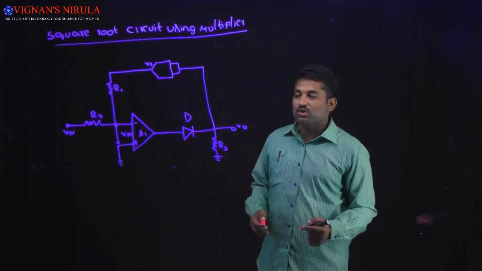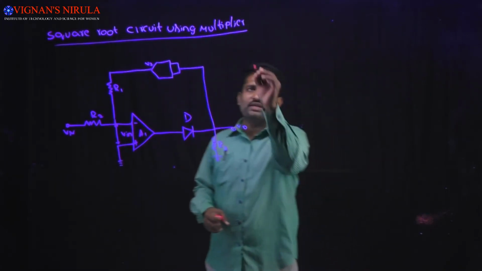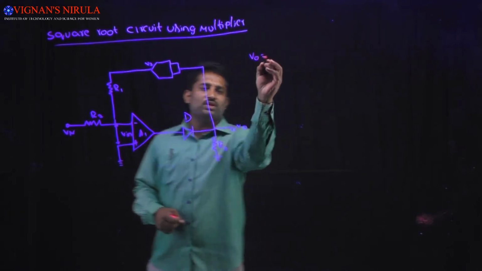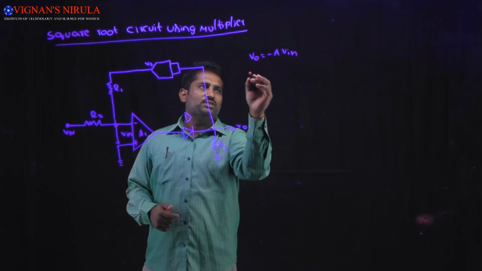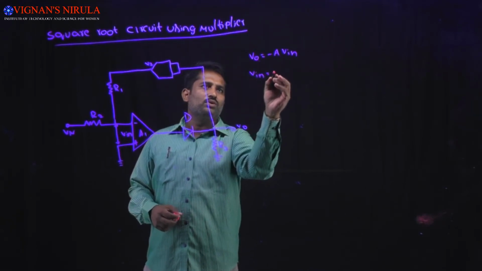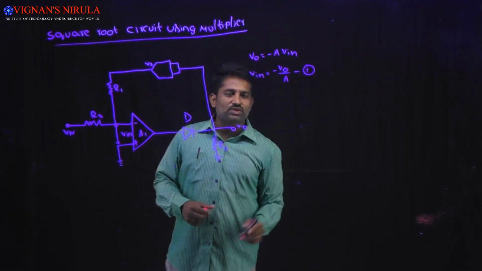From this we can write the output voltage of op amp A1 as V0 equal to minus A into Vin. From this, Vin will be equal to minus V naught divided by A. Take it as equation number 1.